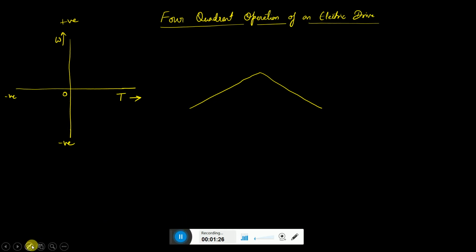Let us say the vehicle looks like this, and this is the front end of the vehicle.